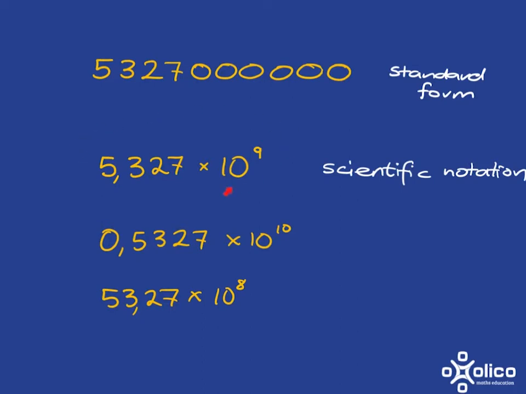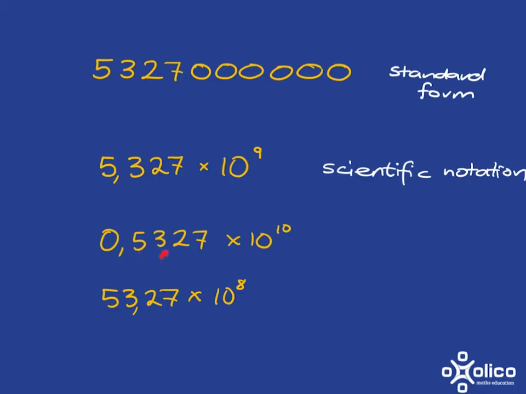When we write it like this, we're going to say it's in scientific notation. Take note, for scientific notation, we need to have just one digit before the comma, and that digit can't be 0. So this is that number written in scientific notation.